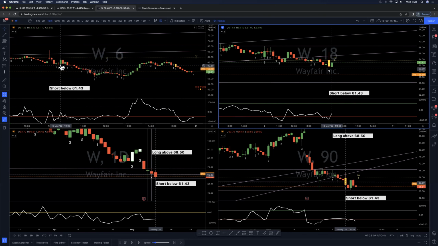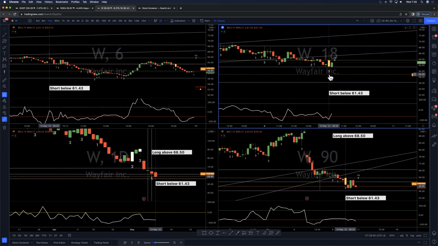Because it went 3, 2, I'm looking at this and saying, okay, this was a 2 up on the 6-minute. This is a 2 down. If it trades back above this candle, so this is my outside bar in 18. But if it trades back above this high, which is 63.62, which is above the open.